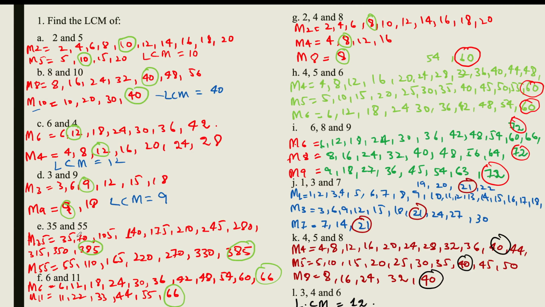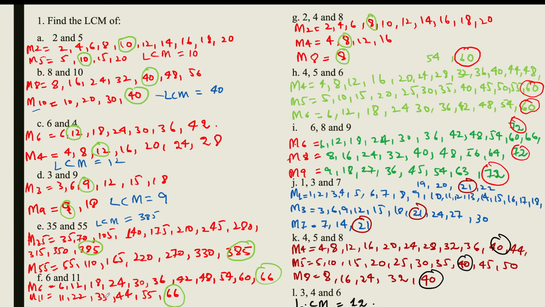We have 35 and 55. We express the multiples of 35 first, then 55, and then we look for the very first multiple that is common in the multiples of the two numbers. We take it. So here the LCM is 385. Then 6 and 11: we express the multiples of 6 and the multiples of 11.